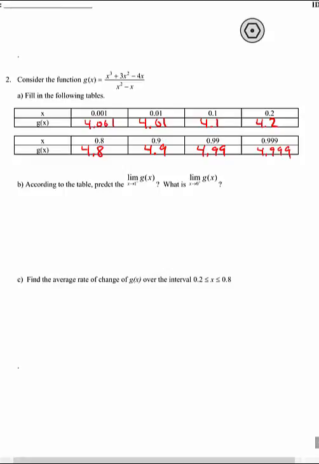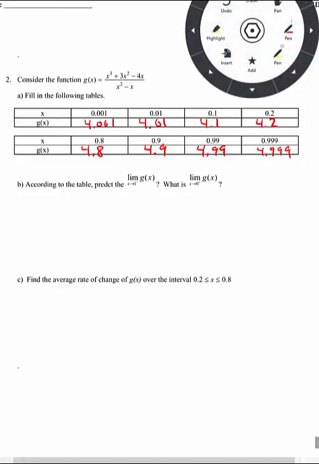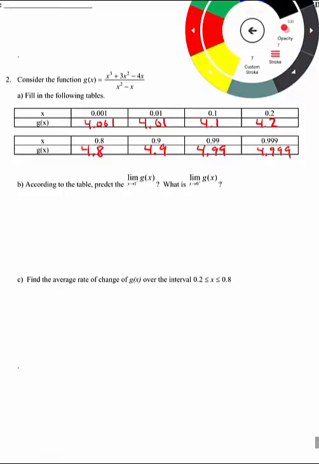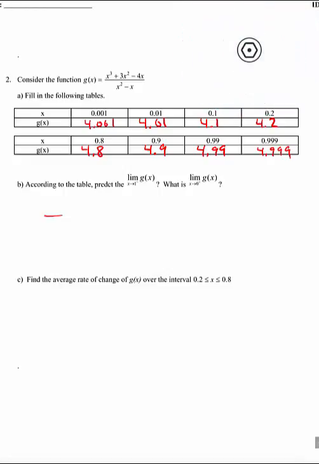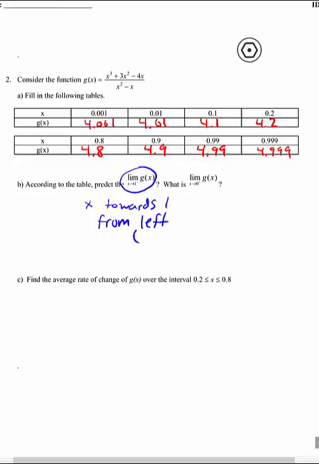So now part B says that according to the table, predict the limit of g of x as x approaches 1 from the left side. So that means x is going towards 1, and from the left side, or basically saying left meaning numbers smaller than x, right?